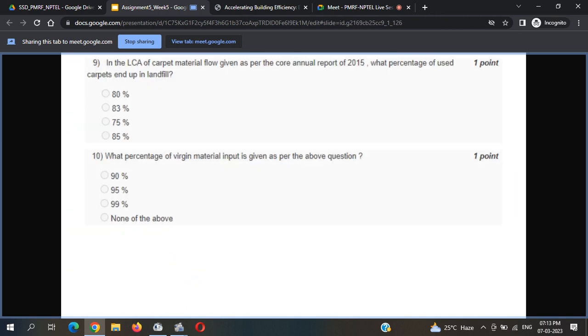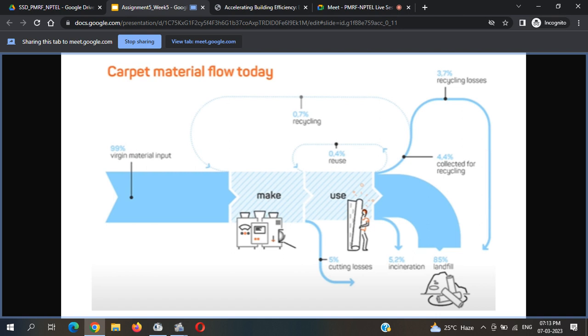This is a set of two questions which are related to the same phenomena. This talks about life cycle assessment for carpet material flow. You would have seen this diagram during your lectures.